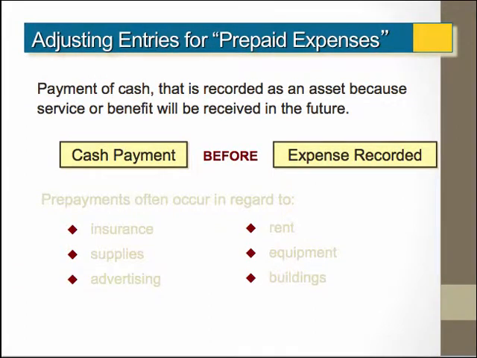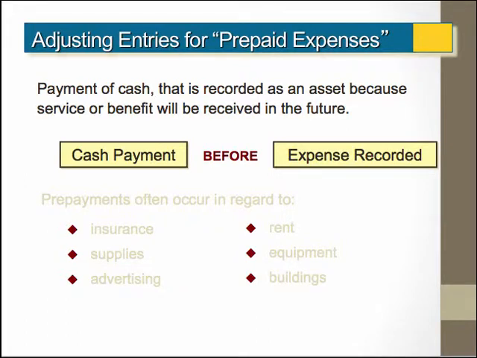When we use the term defer, we normally mean that we're putting something off. So a deferred expense is where we've paid the cash payment, but we've deferred the recognition of the expense until it's been incurred. An example of a deferred expense is insurance.